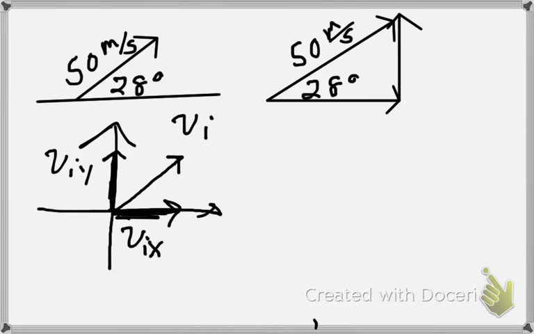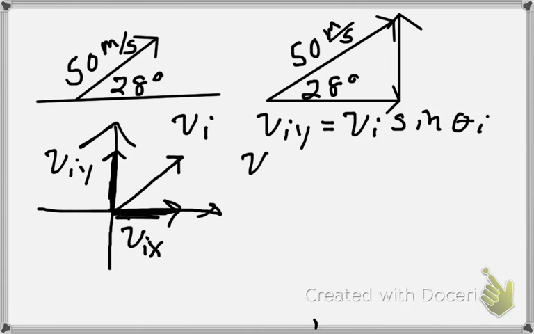Now I'm going to rewrite the equations the way I had them in class. My velocity initial in the y is going to be my velocity initial as a whole, which is the hypotenuse, times the sine of the initial angle.